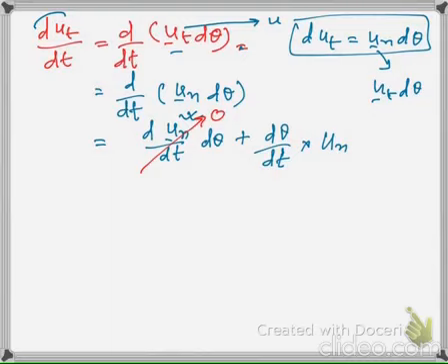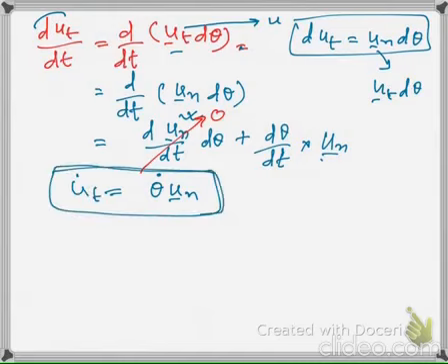So we are left with d theta dt, which we can write as theta dot multiplied by unit vector n, and this is u dot t. So now we found that the ut derivative equals the theta derivative multiplied by un.